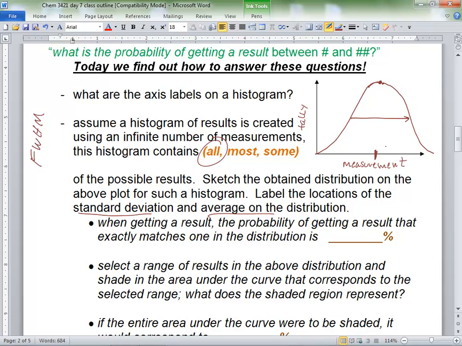Right there. What's the symbol for average? X with a line over it. And standard deviation? S. However, we just said we did an infinite number of measurements. X bar is what you get in the lab: 10 times, calculate an average. That's X bar.